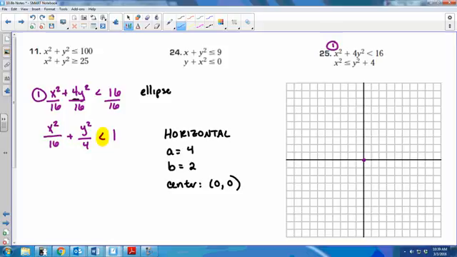That means I count out 4 to the left and to the right, because that's supposed to be longer on the horizontal axis. So 4, and then 4 this way. If it was vertical, we'd go up 4 and down 4. Remember, A is always longer. It's horizontal. That means it has to be longer horizontally. B is 2, so that means you go up and down 2 from the center. And then again, we're going to make a dashed boundary.